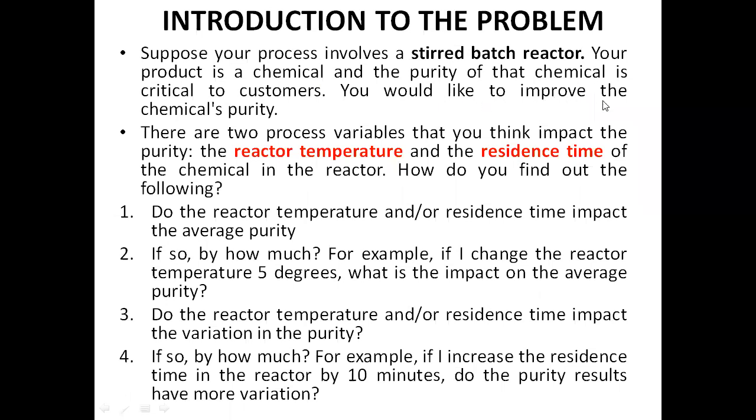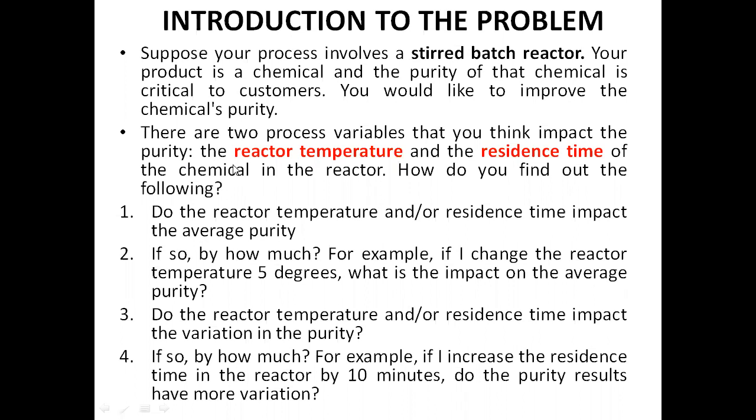You would like to improve the chemical's purity. You are a pharmacist working in the industry, and in your batch the particular chemical has an issue, and the customers are complaining. Now you would like to improve the purity of the chemical in the product. There are two process variables that you think impact the purity.